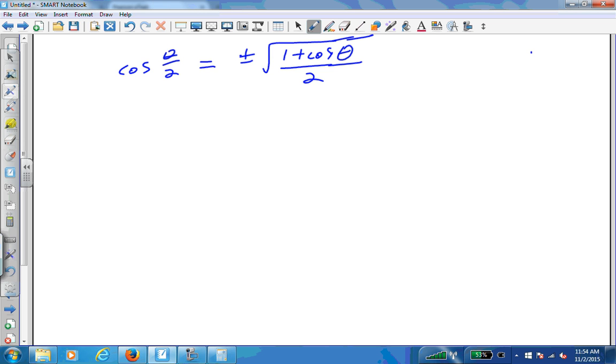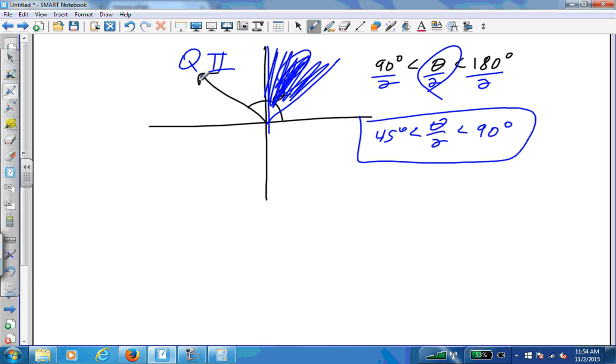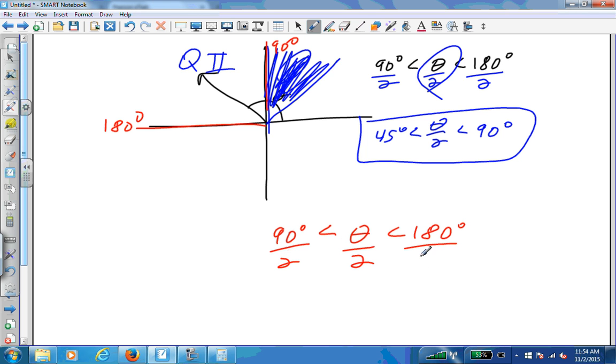Well, if I tell you that we have a second quadrant angle, which means our angle is between 90 and 180. So I tell you our original angle is between 90 and 180. When we take half of that angle, half of our angle is going to be in what quadrant?